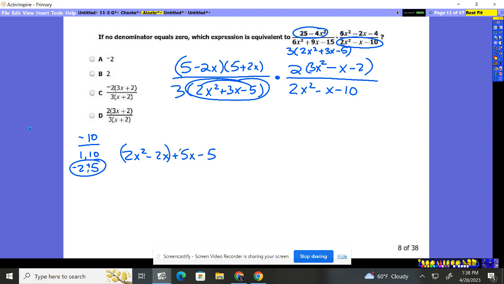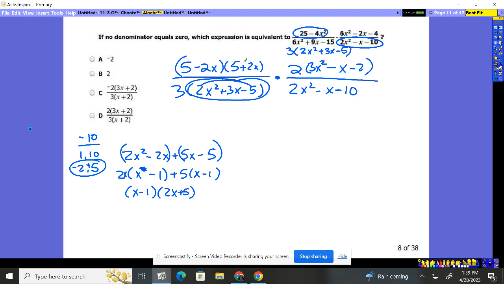We group, factor out a 2x, left behind with an x minus 1, plus factor out a 5, x minus 1. You'll notice this then is x minus 1 times 2x plus 5. Okay, that's pretty important because you'll notice that you have a 2x plus 5, and right up here's a 2x plus 5. All right, let's see where we continue.